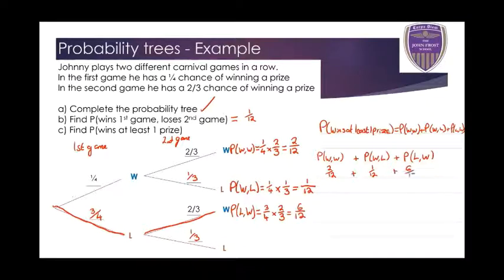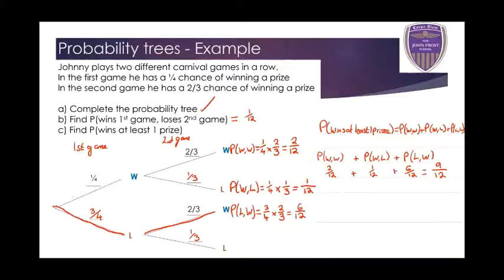Okay, now hopefully you can see why we kept them as over 12, because now this part is much easier. It's much easier to add these if they've all got the same denominator. Because they've all got 12 as their denominator, it's going to be over 12. And we just add the numerators. 2 plus 1 plus 6 equals 9.